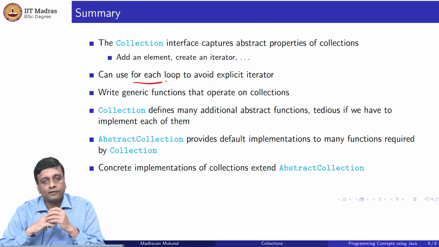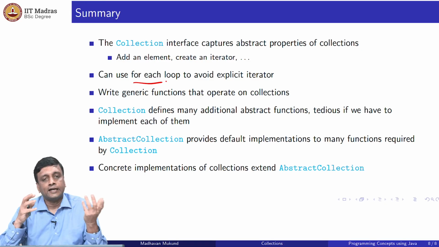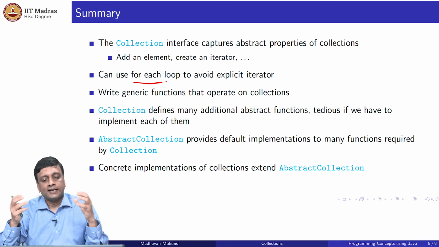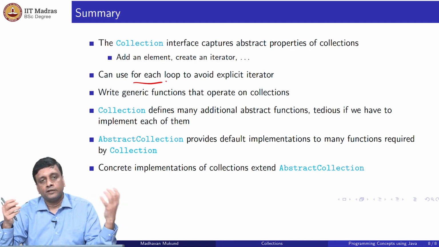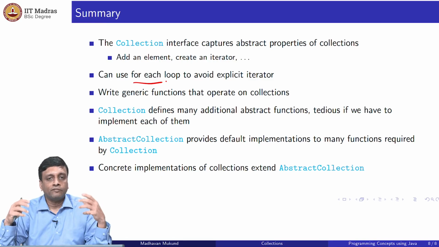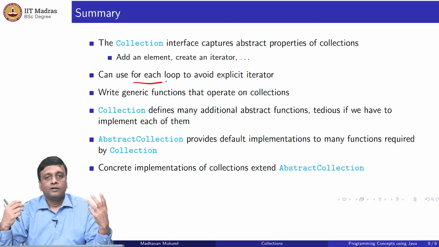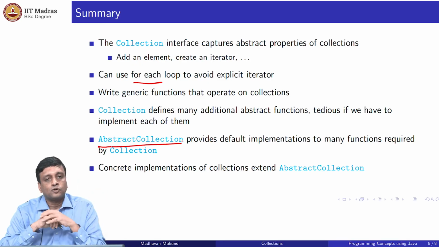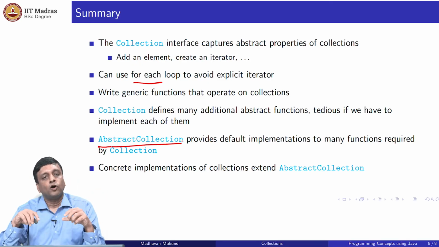We can also write generic functions, because these are all parameterized classes, so they have a class variable as part of the definition. So we can write generic functions that operate on many collections. Collection itself is quite an elaborate interface. It has many abstract functions, and it would be a real nuisance if we had to implement each of them every time we defined a data type. So what Java has done is create an intermediate abstract class called abstract collection, which gives default implementations for many things present in this interface.